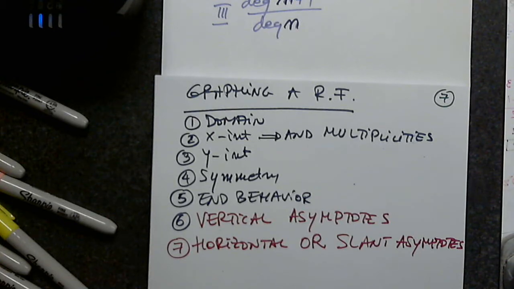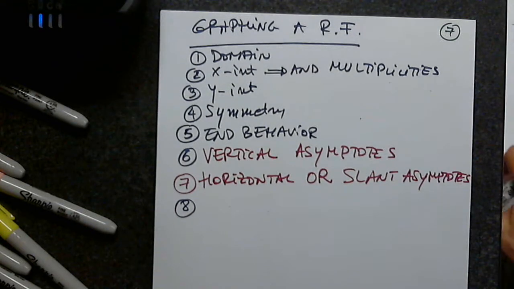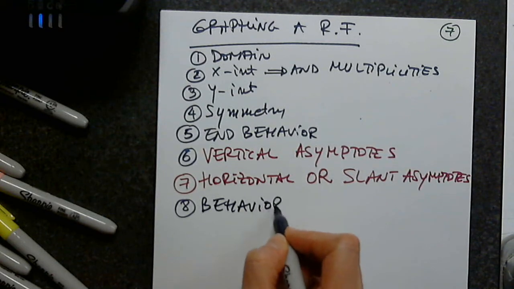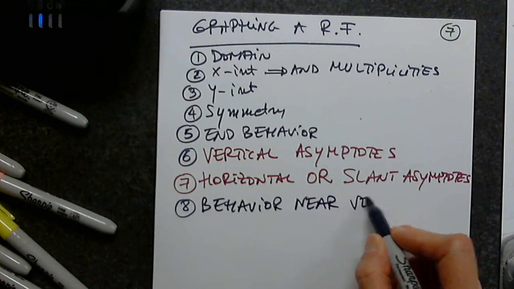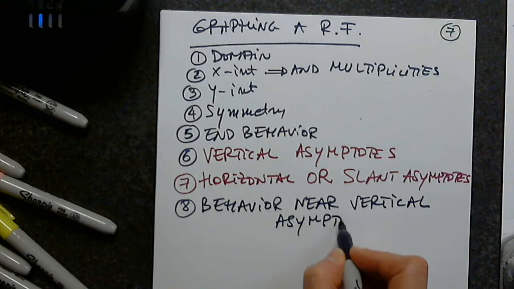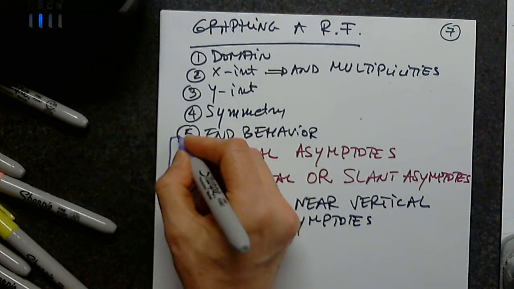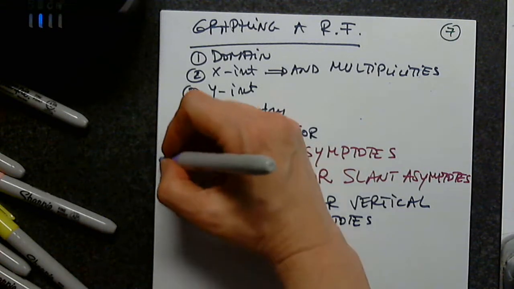Item 8: behavior near vertical asymptotes. I want to draw your attention to one thing: 5 and 7 should be together. It's safe to have them together.